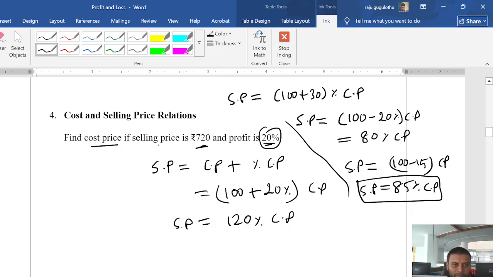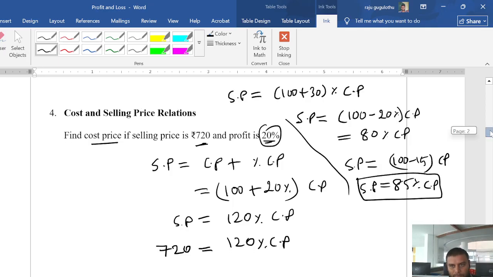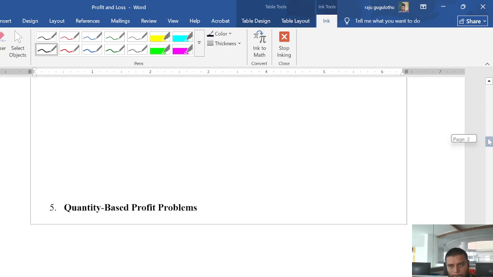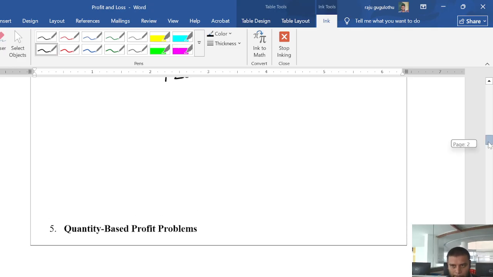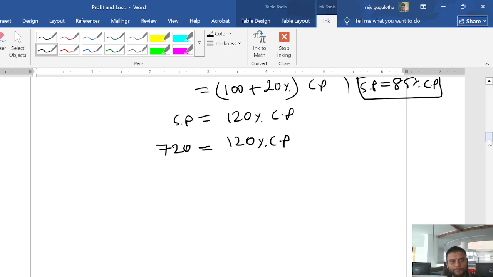Then the question, find the CP, selling price is 720. So I can write 720 selling price is equal to 120 percent of CP. 720 by 120 into 100 is equal to CP.